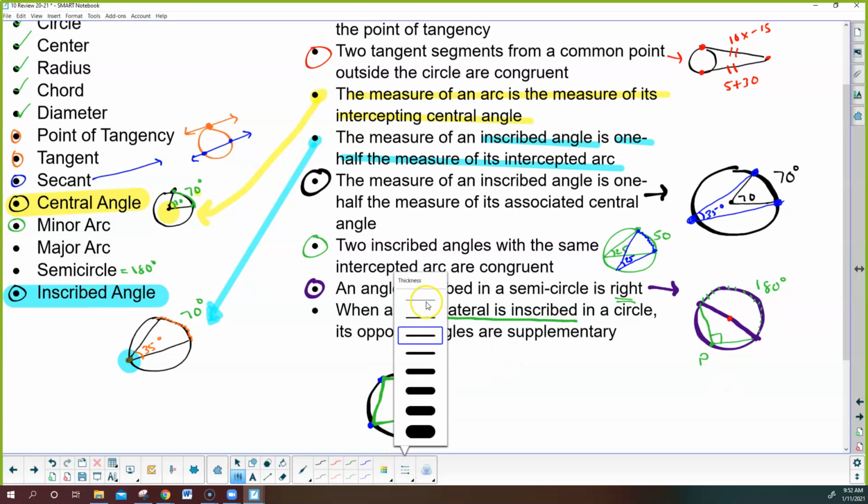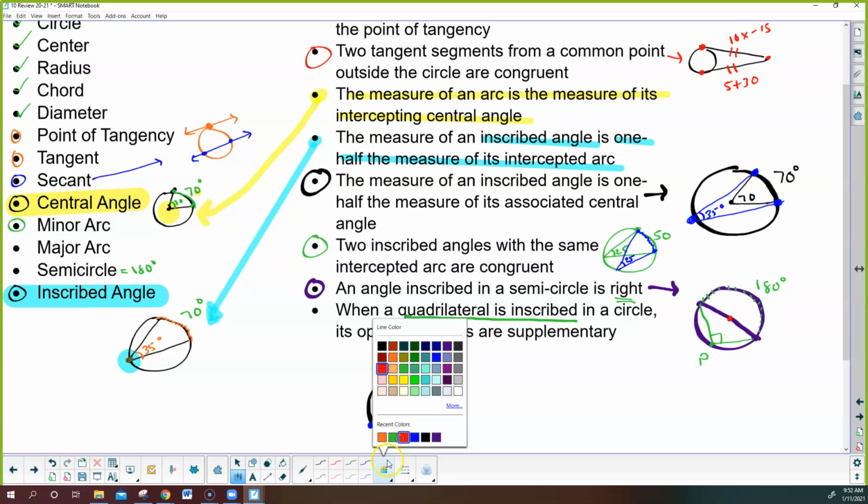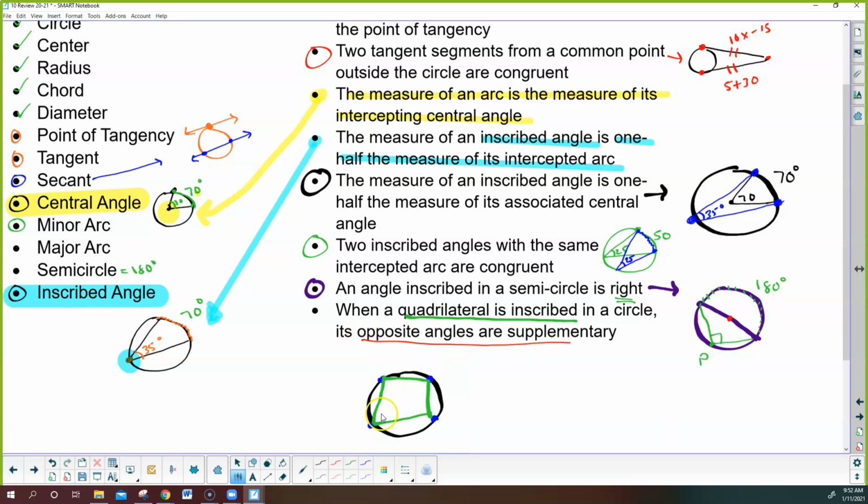So if I have the inscribed quadrilateral, then we know that opposite angles have to be supplementary. So I could call this x, and this is 100, and I could call this 70, and this one y, and you should be able to find x and y pretty quickly. We know that x plus 100 equals 180.